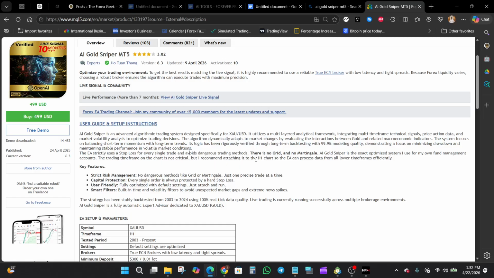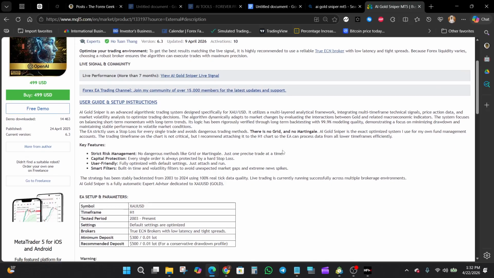Right away, one thing that stands out is that this EA positions itself as a structured risk controlled system rather than an aggressive recovery or greed based strategy. It emphasizes strict risk management, no martingale, no greed, and focuses on single position precision trading.